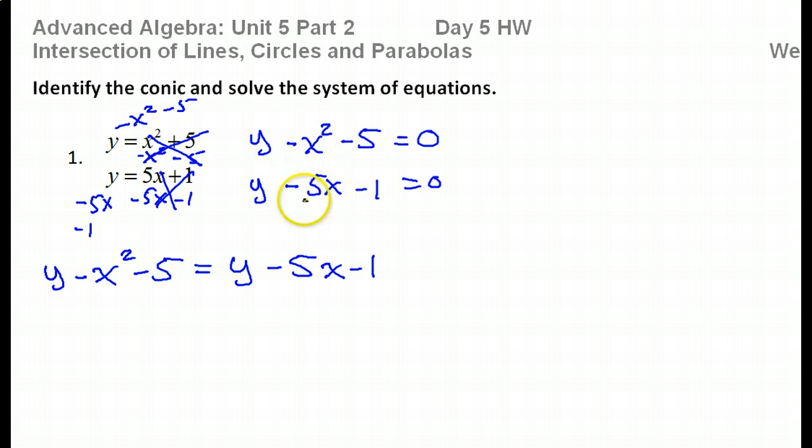Okay, now I've set these two equal to each other. Now once you have that, then you're going to start combining like terms, so I would subtract y from both sides and those would cancel out. So right away that gets us close to what we could have done in the first place on this problem. So x squared minus 5 is equal to negative 5x minus 1.